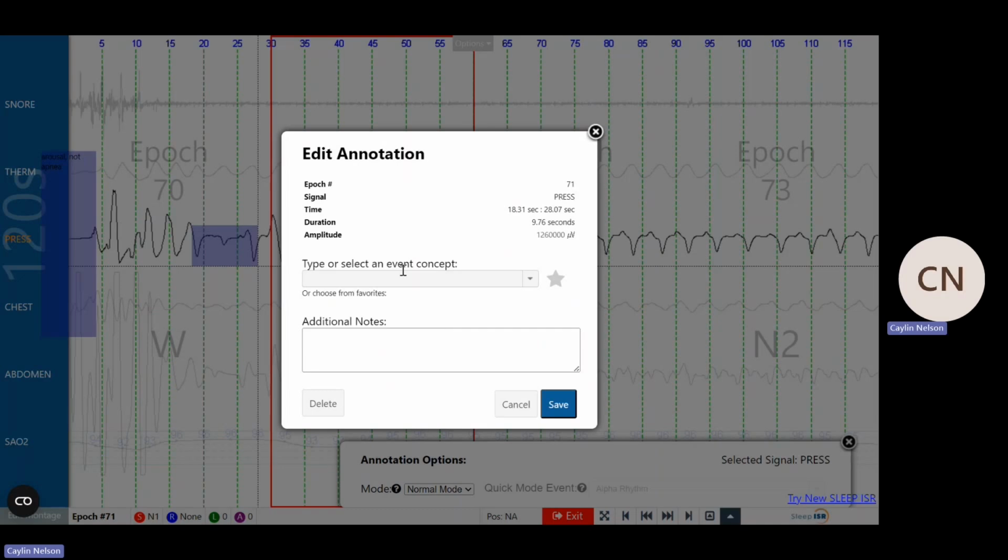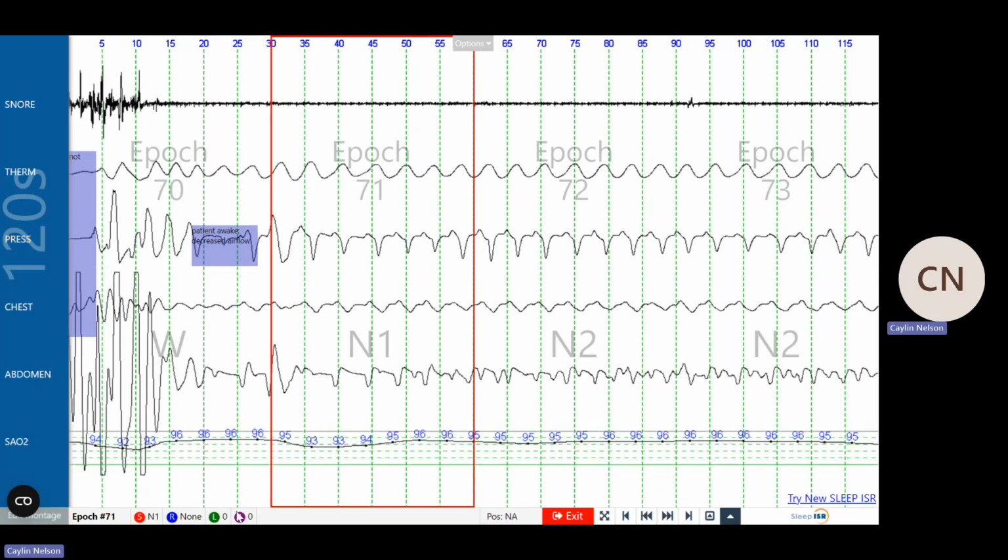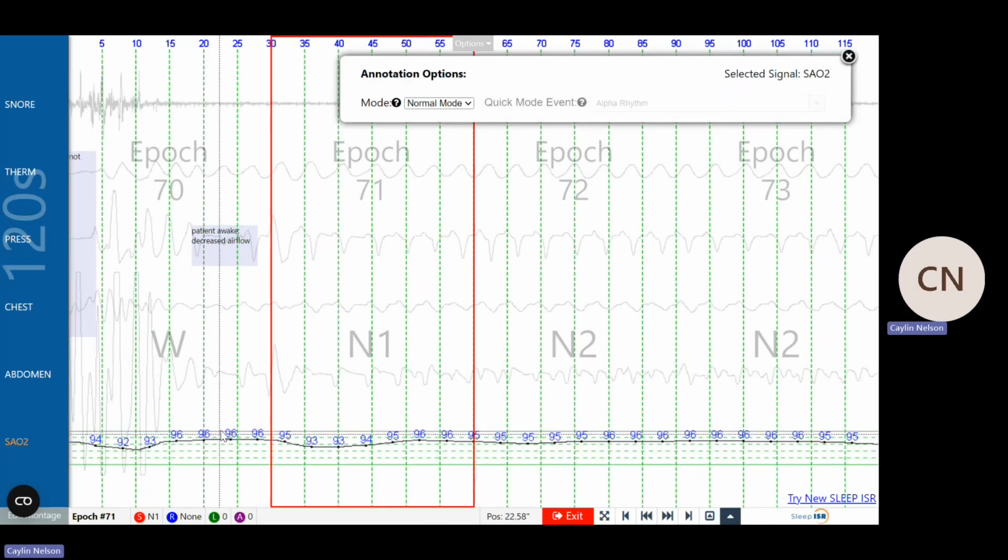So I'm just going to make a note in here that there is a decreased airflow even though the patient is awake, so this is not going to be a hypopnea. So just notating that that still has a decreased airflow, but since the patient is awake, there will be no hypopnea.